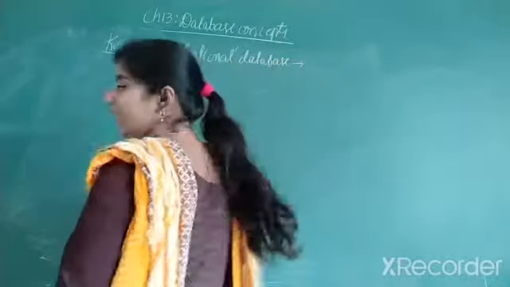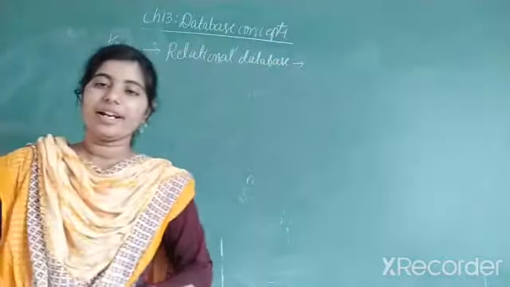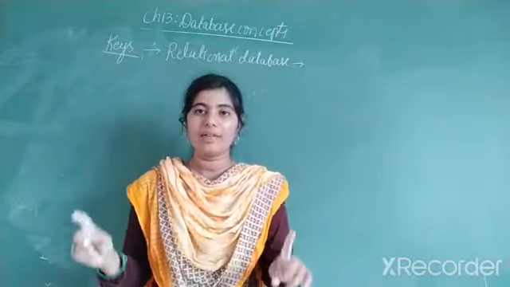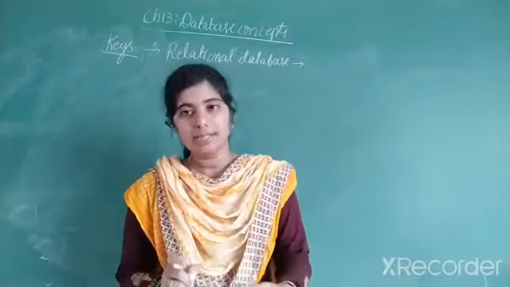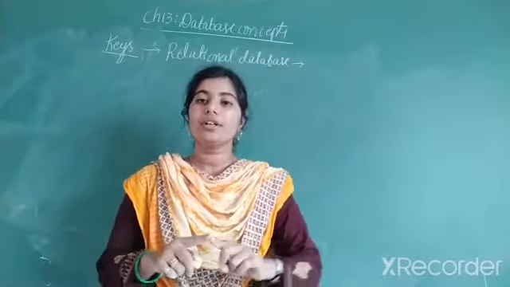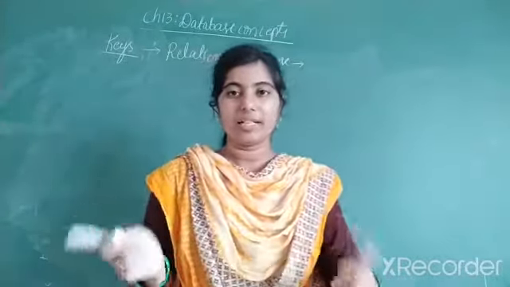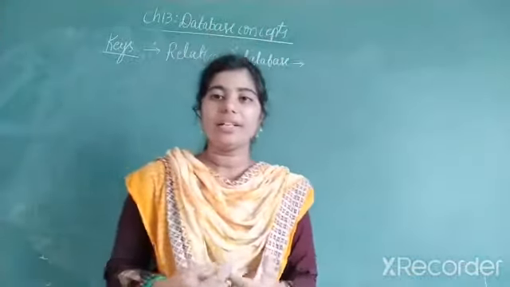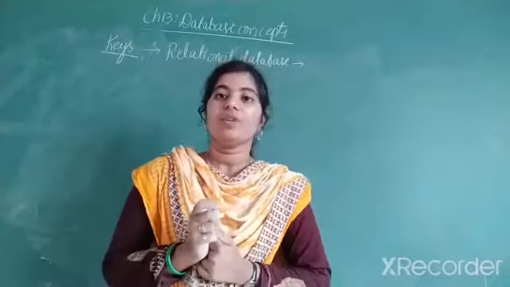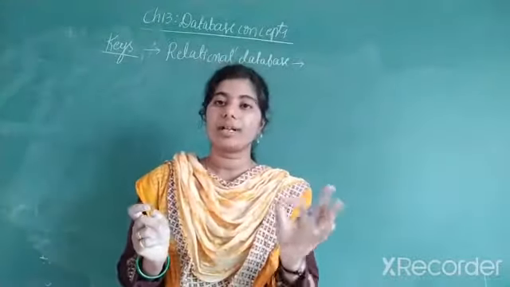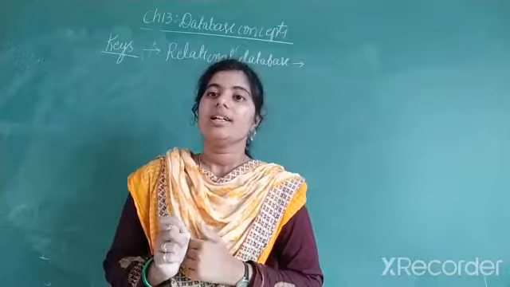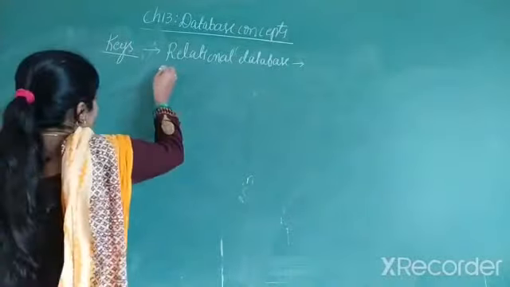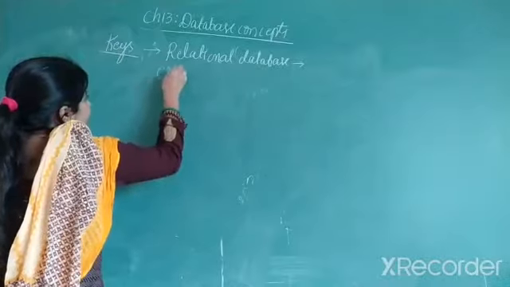So the key is used to identify and establish a relationship between the tables. If you have two tables, in order to establish a relation between the tables, or to identify the tuples or the attributes in the tables, for all these purposes we require keys.